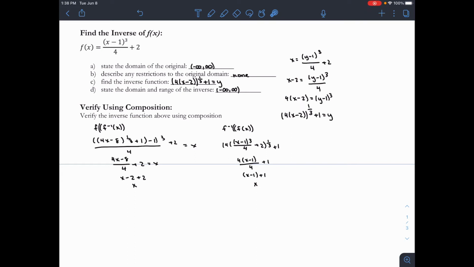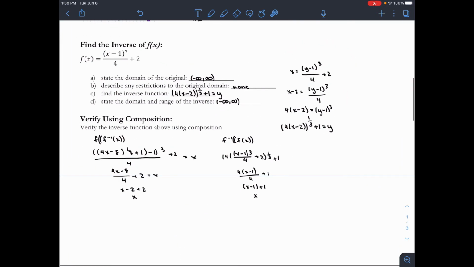And then the next one is find the inverse equation. To find the inverse equation, we replace the f of x, which is basically y, with x, and the x with y, and then we solve for y, which is what I did over here. So I replaced f of x with x and then replaced the x with y.